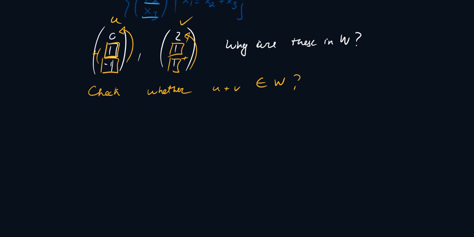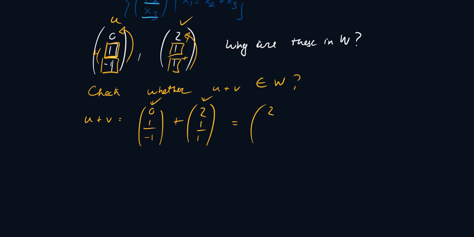So if I do u plus v, that's equal to (0, 1, -1) plus (2, 1, 1). I'm just adding the components, the first component with the first component, and so on. So that's 2, then in my second component it's 2, and then -1 plus 1 is 0.